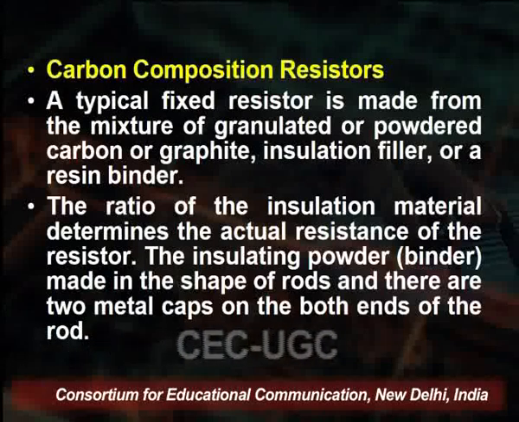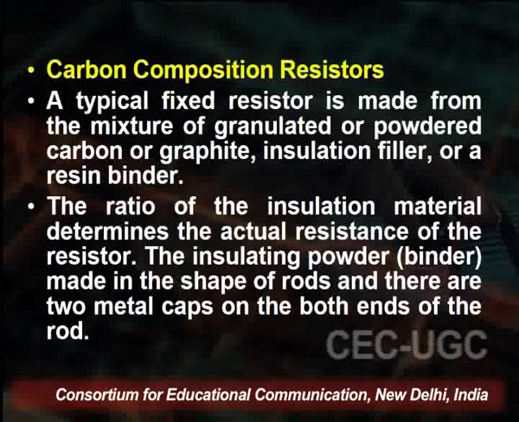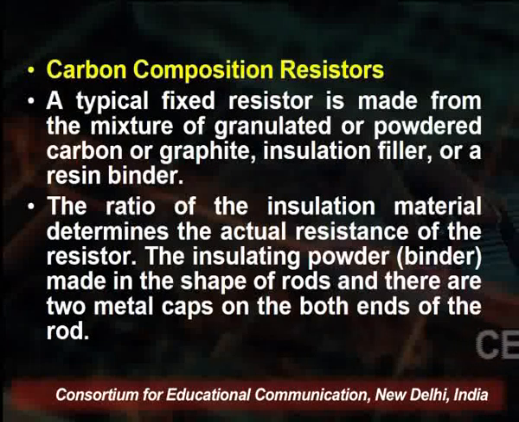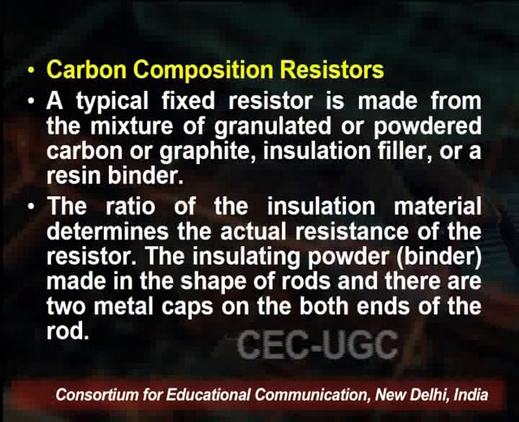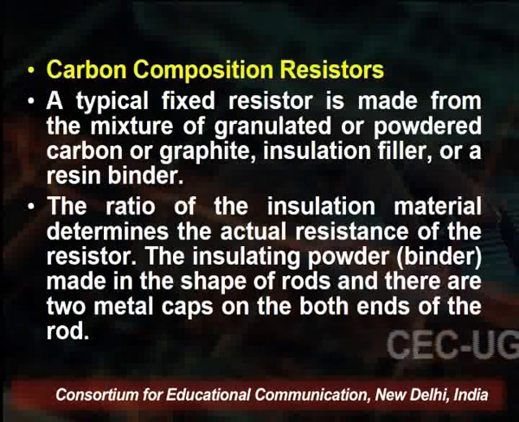The ratio of the insulating material determines the actual resistance of the resistor. The binder is made in the shape of a rod, with two metal caps on both sides of the rod.